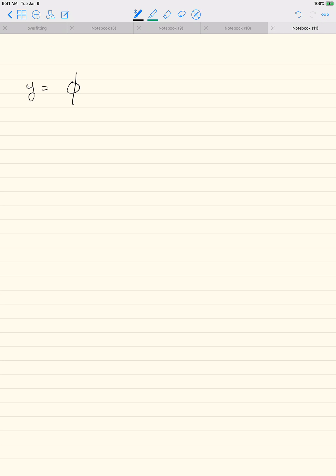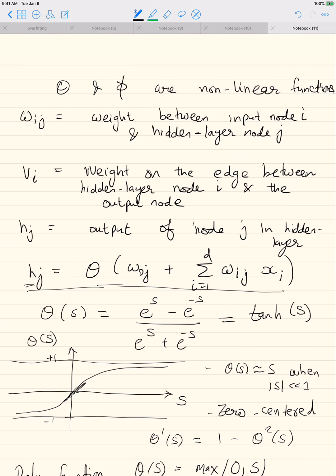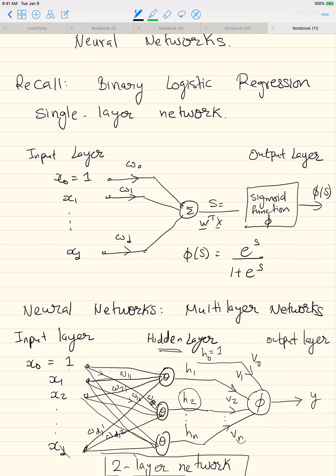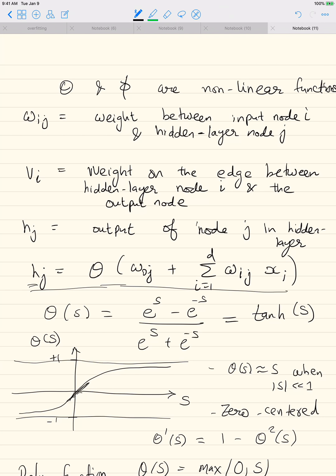It's phi of v0 plus the summation of j going from 1 to n vj times hj. So we take just the weighted sum of all the values that are incident onto the output node here. So we have v0 plus v1h1 plus v2h2 and so on, and then we apply the function phi.